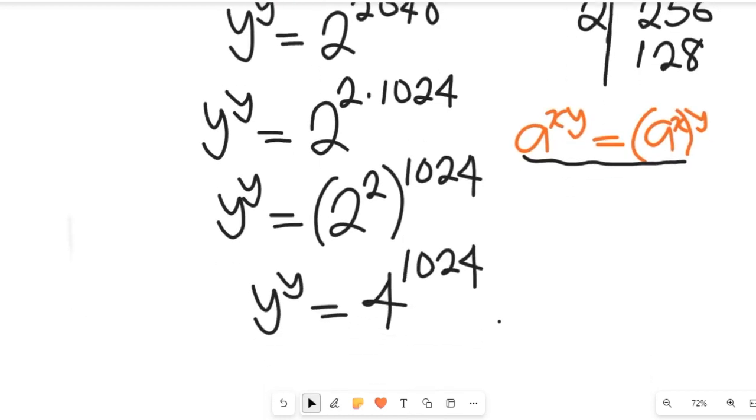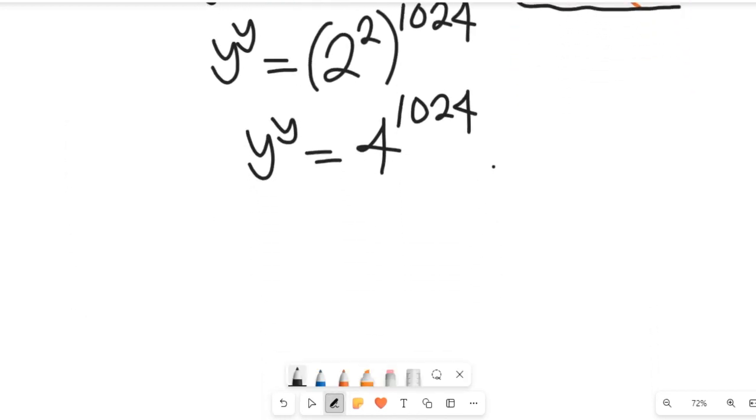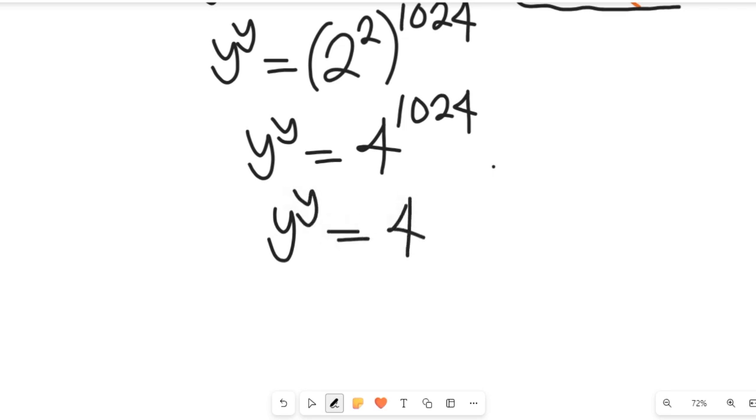So if we apply that here, we have y to the power of y equal to 4 to the power of 2 multiplied by 512.